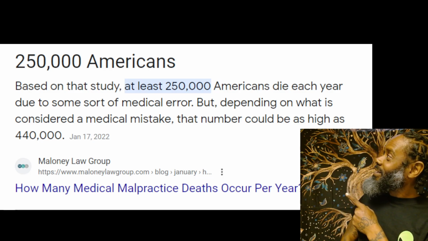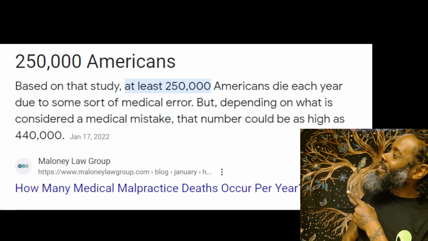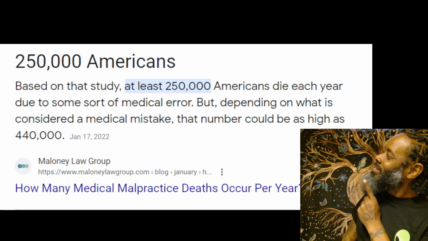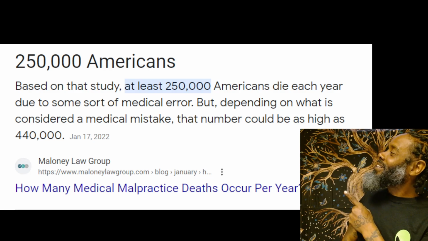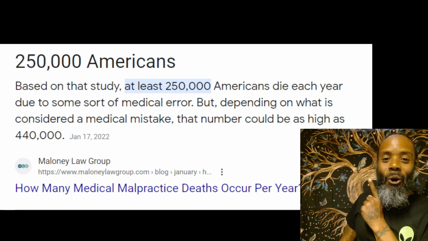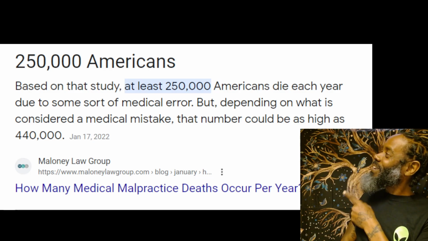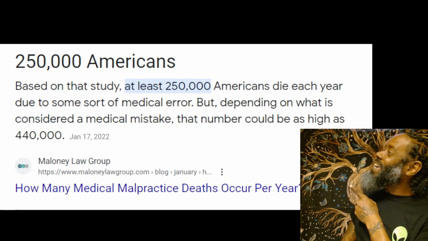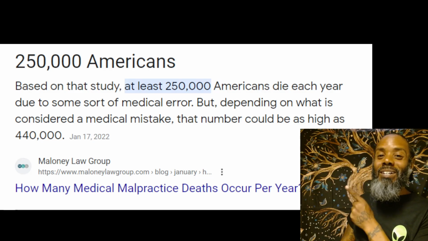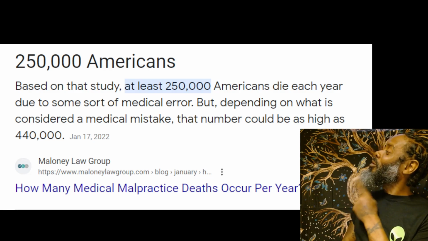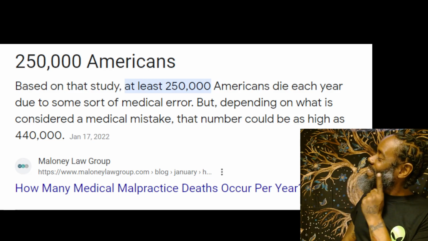But depending, this is where it gets funny to me. Depending on what is considered a medical mistake, that number could be as high as 440,000. Pause.